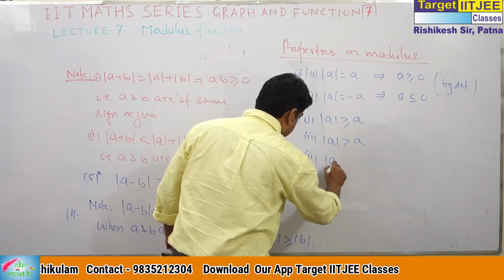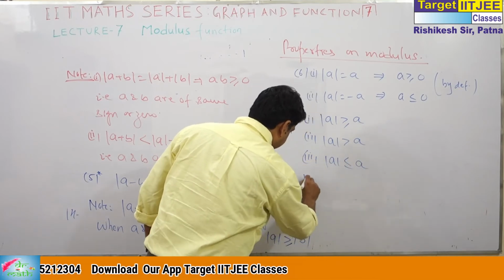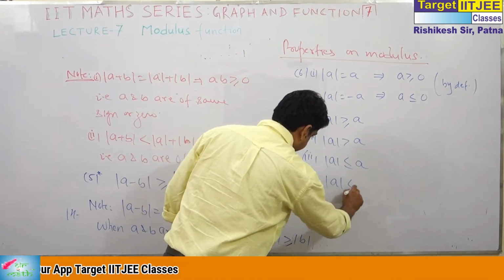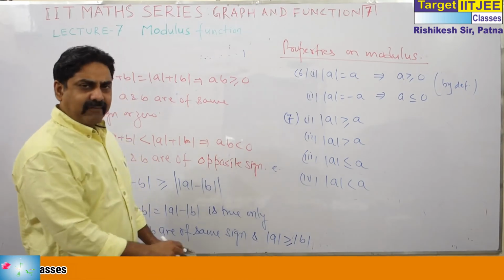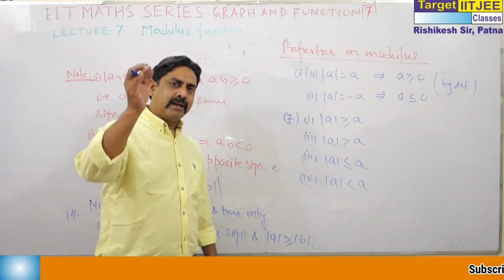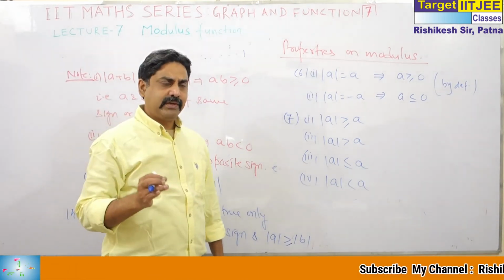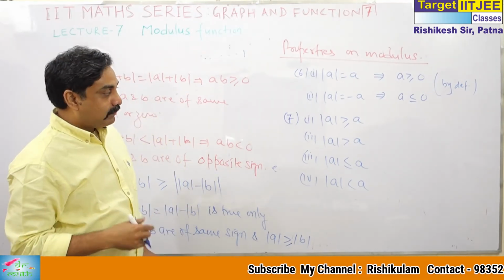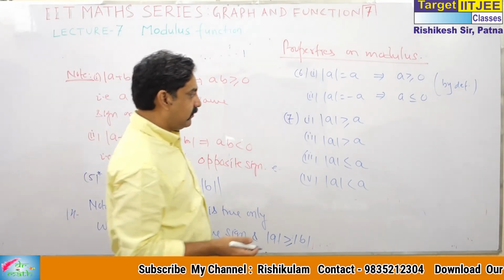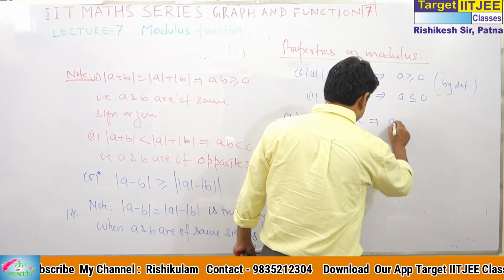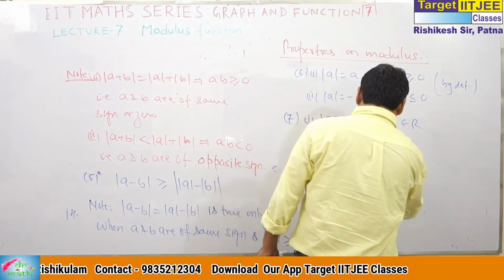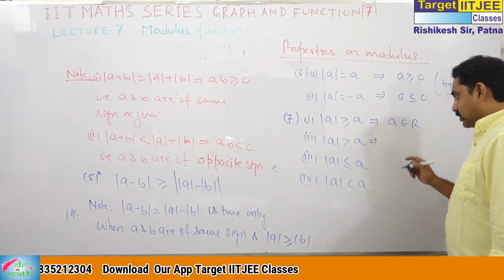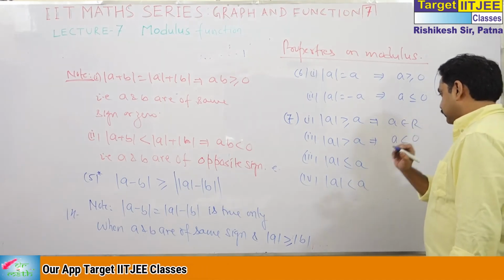We are dealing with the modulus of a real number. Every time we cannot break the modulus on its definition, it will take time. So we have to keep some points in mind. Mod A greater than or equal to A is always true for A belongs to R. But mod A greater than A is true only when A is less than 0.